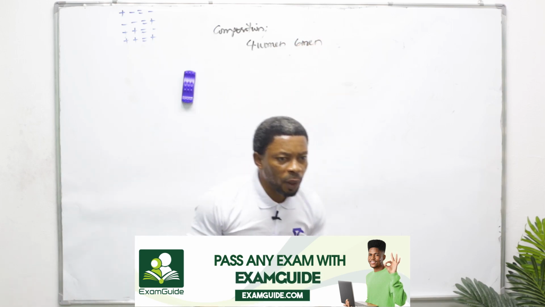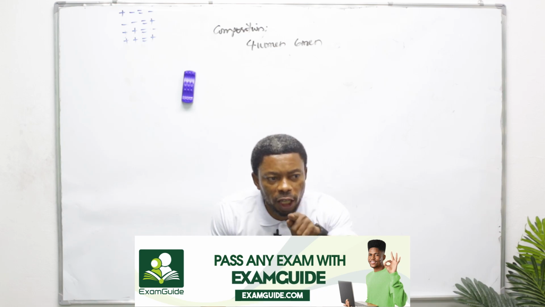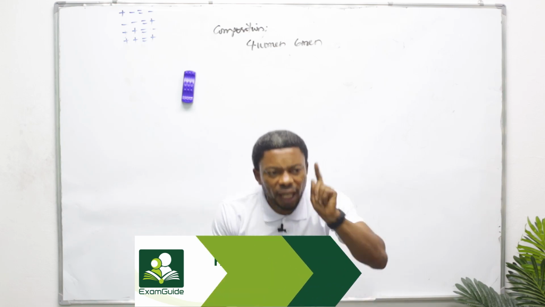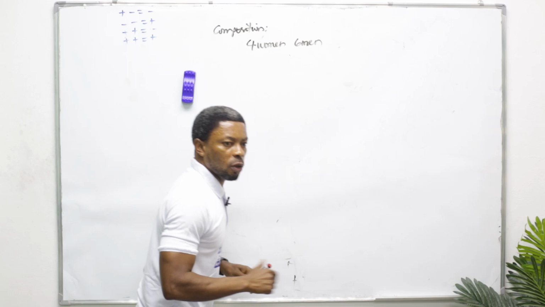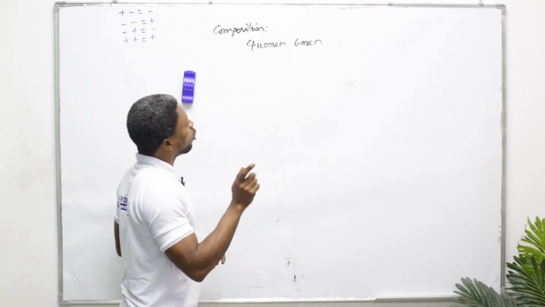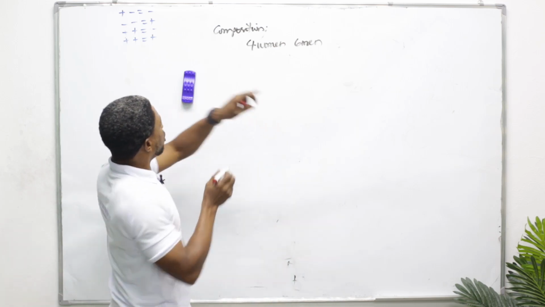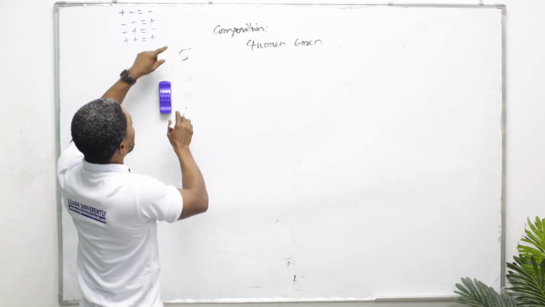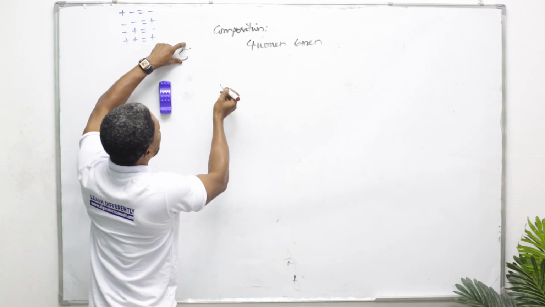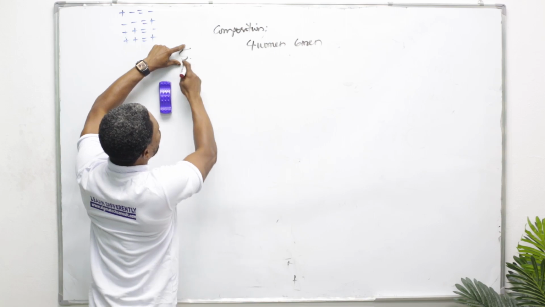Now, the question says, how many committees are possible if there is to be a majority of what? Of women. Majority of women. That means out of 5, if I am to form a committee from these, the majority of them should be women.